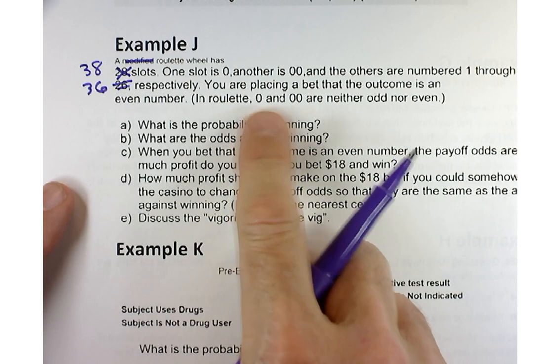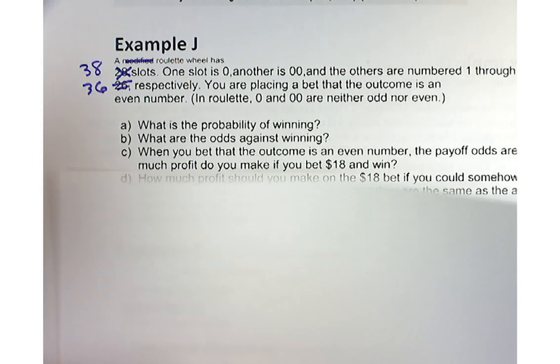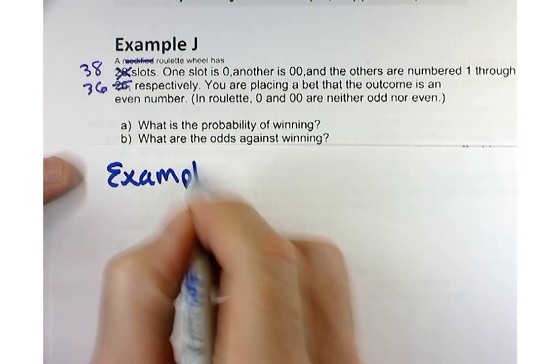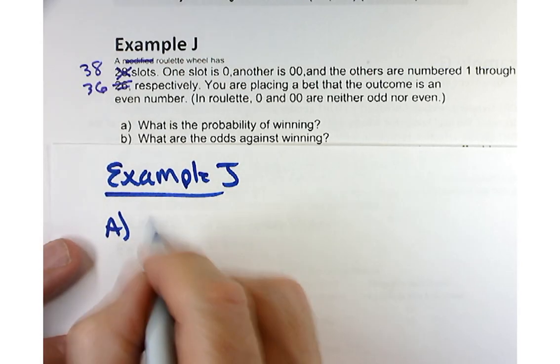Now, in roulette, 0 and 00 are neither even nor odd. So, all right, let's think about the probability of winning first. Well, so there's example J here. Example J, part A, probability of winning.